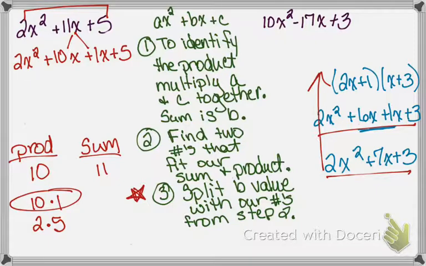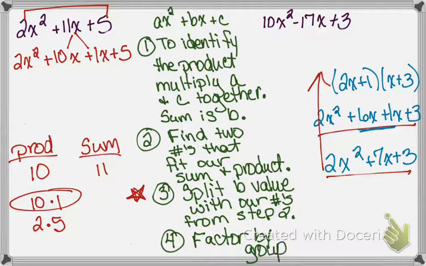I've just split that 11x. 10x plus 1x is still 11x. Anybody know what we can do now that we have 4 terms? Okay, we don't want to combine like terms because we're working backwards, but that is a good suggestion. How can I? Yes, absolutely. You factor by grouping.